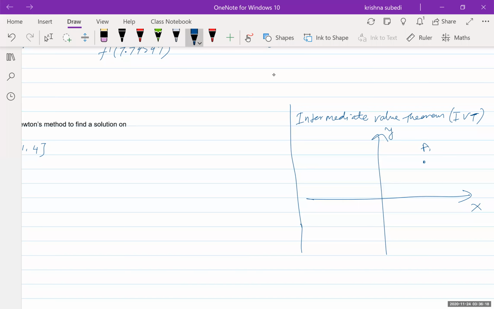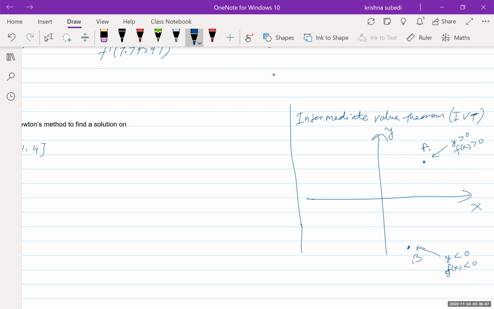Let me consider one point below the x-axis, anywhere below it. Let's say here. This is point B. And at this point your y value is negative, which means f(x) is negative.